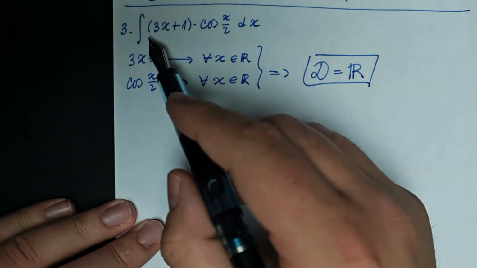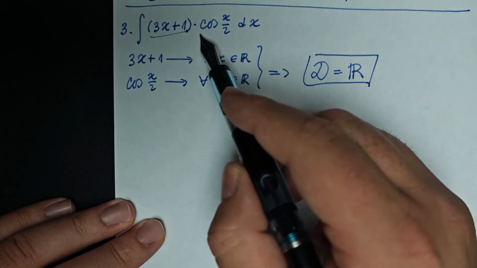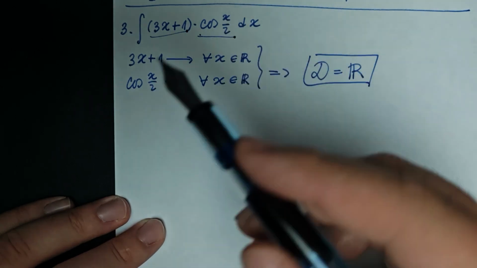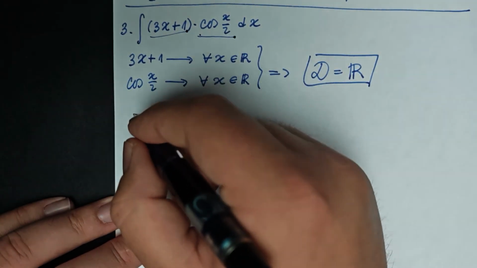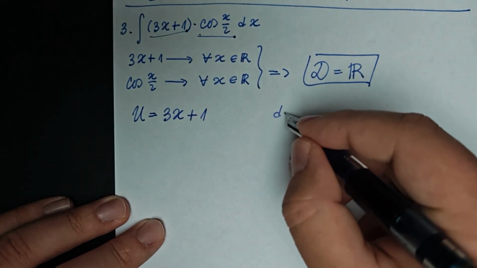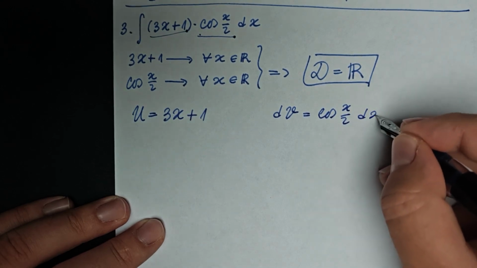In this integral again we have algebraic 3x plus 1 and we have trigonometric cosine of x half. Again, using the Liate trick, we know that u is equal to 3x plus 1 and that dv is equal to cosine of x half dx.